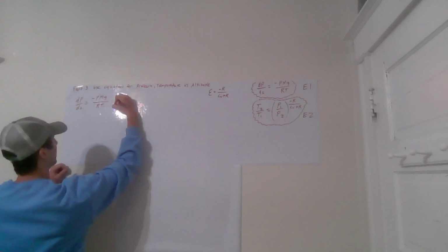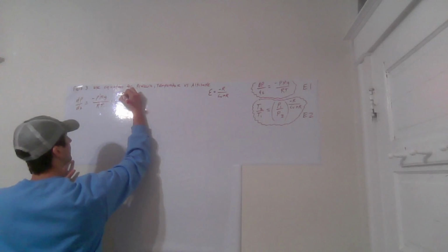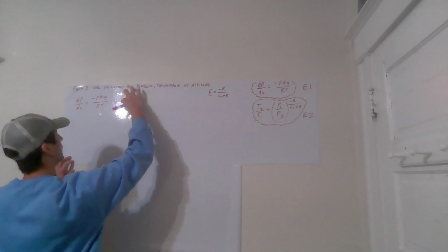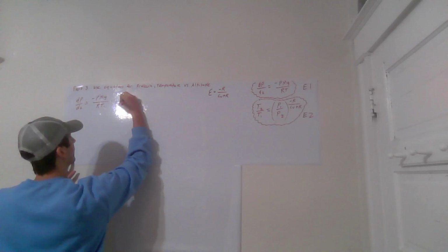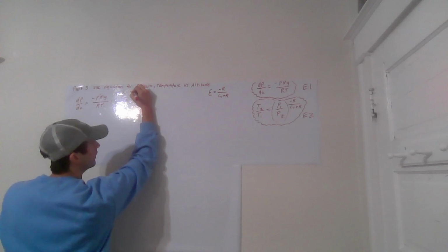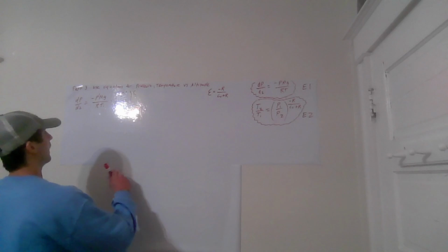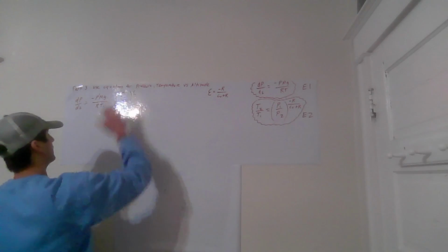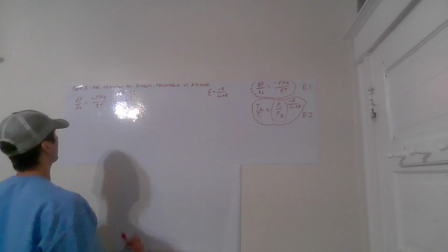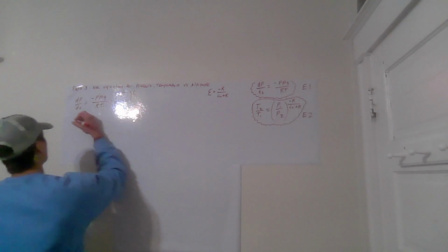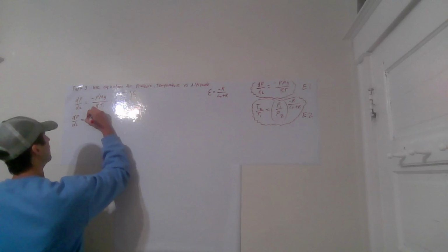We're going to multiply by our second equation, P1 over P to the epsilon. Actually, this top one is going to be P, and this bottom one is going to be P.